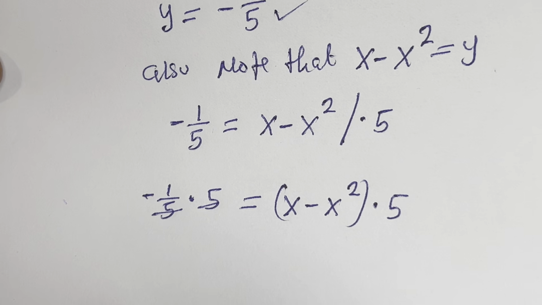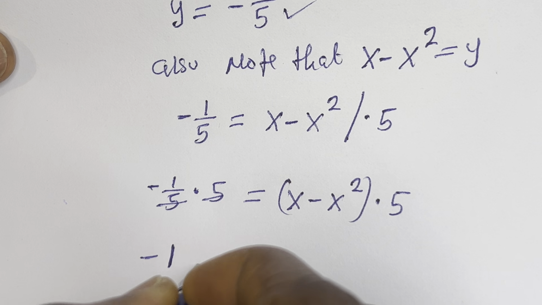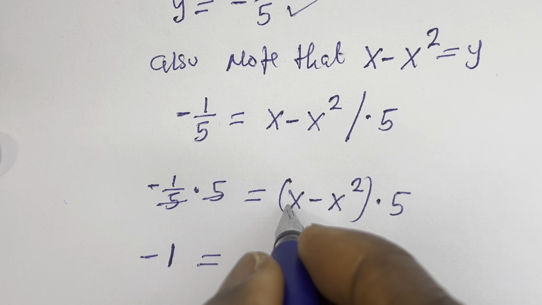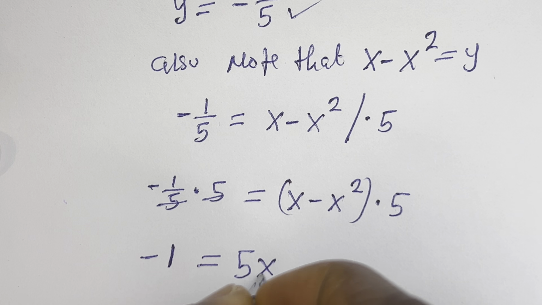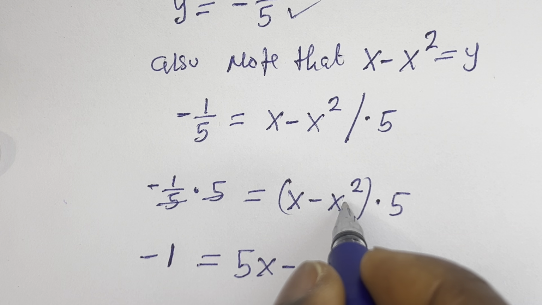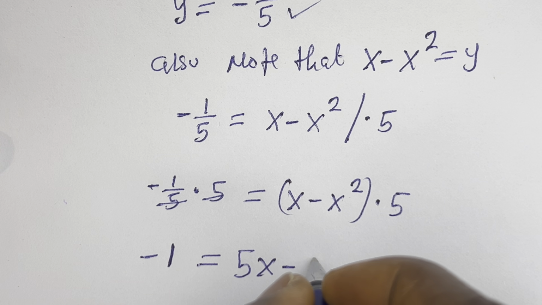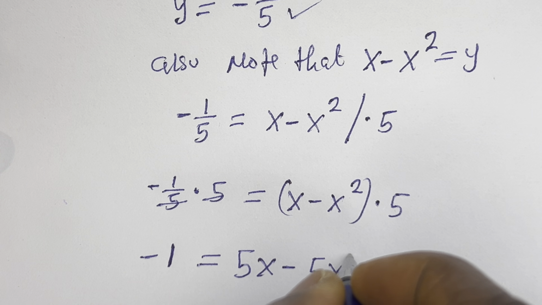Then we have minus 1 is equal to 5 multiplied by x. This is 5x minus s squared multiplied by 5. This is 5s squared.